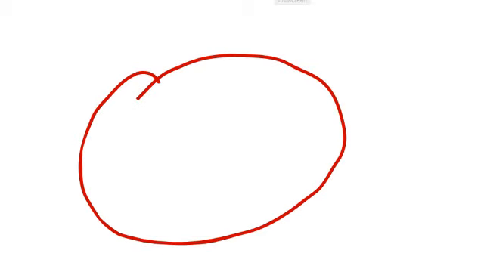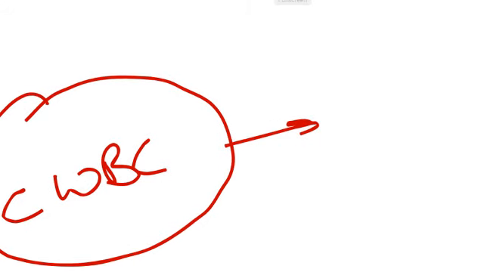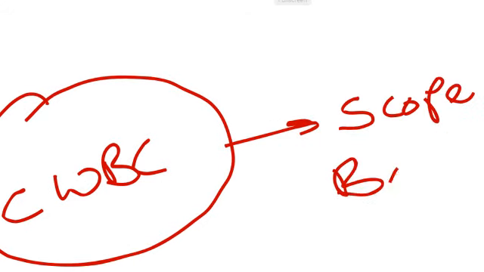What comes after this? Create WBS. What do you get from here as an output? You get a collection of things mixed up into your scope baseline. So your scope baseline is the big output from there.